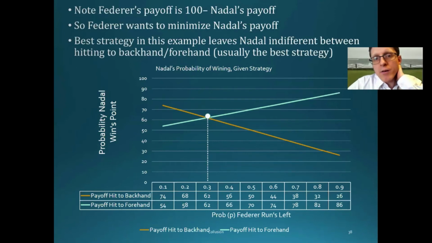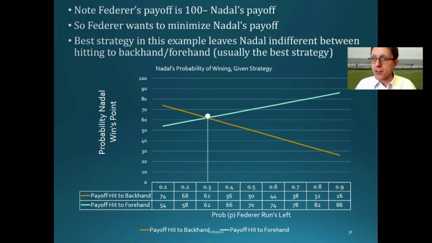Okay? So where is Nadal's probability of winning the point minimized if he's going to take the better of his two strategies? Well, you can see here, it's where these two lines cross, which is the place where Nadal's expected payoffs of each of Nadal's two strategies, hitting to the forehand or hitting to the backhand, are identical.